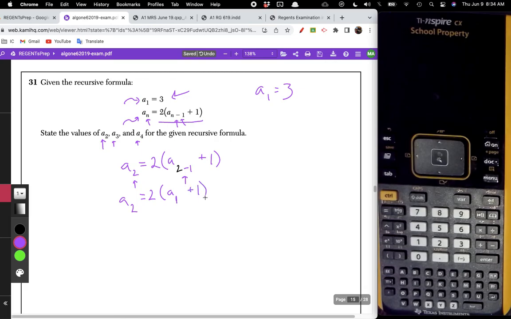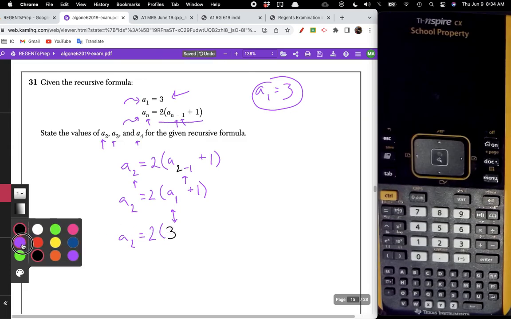And this gives us something because, hey, I know that a1 is really just 3. So I can replace this a1, it's another substitution. a2 equals 2 parentheses a1, but a1's really just a value of 3 here, plus 1.